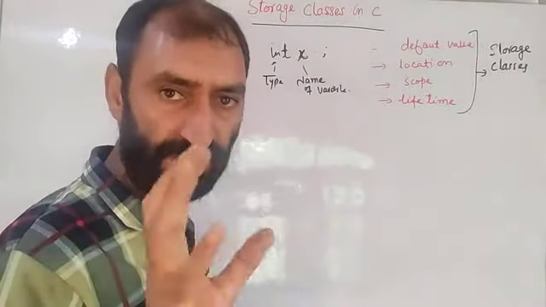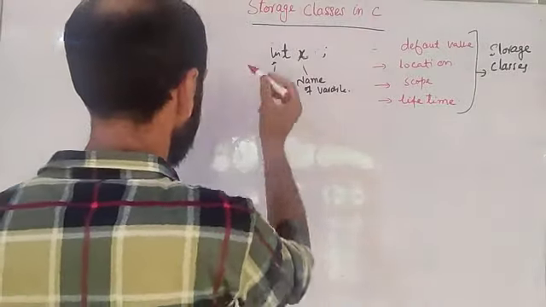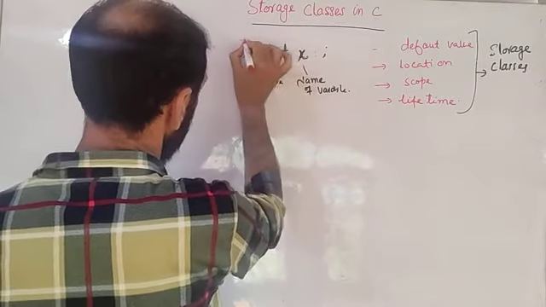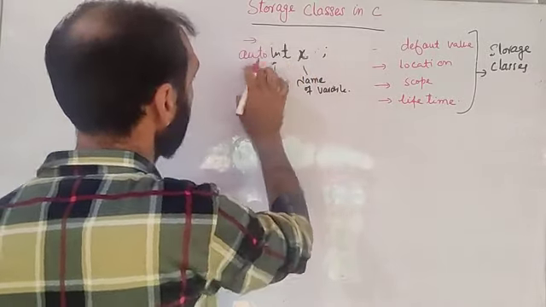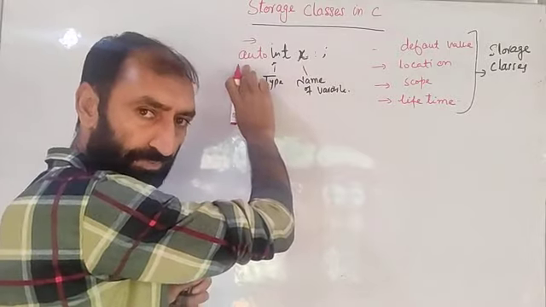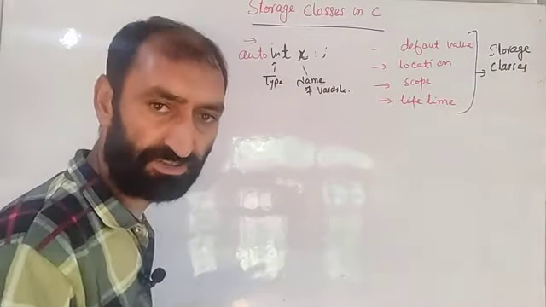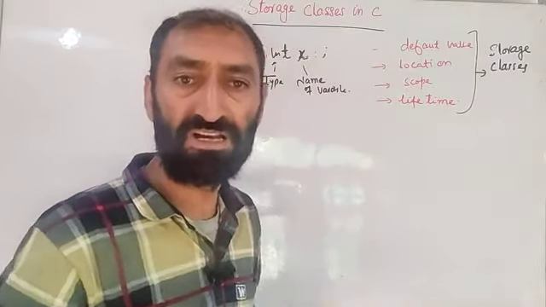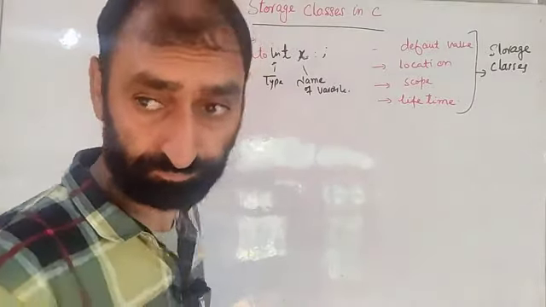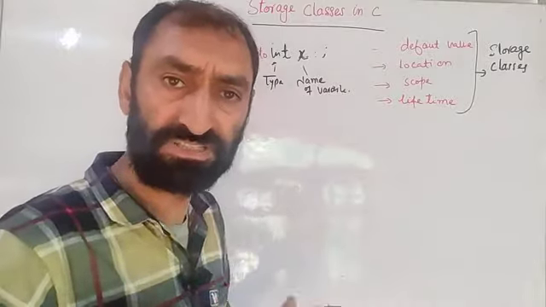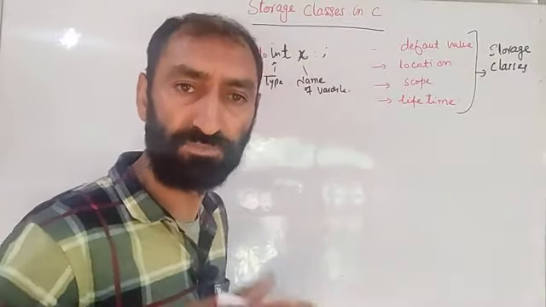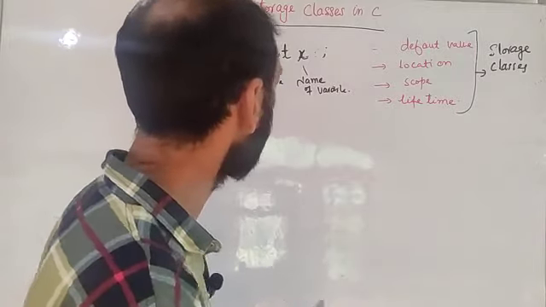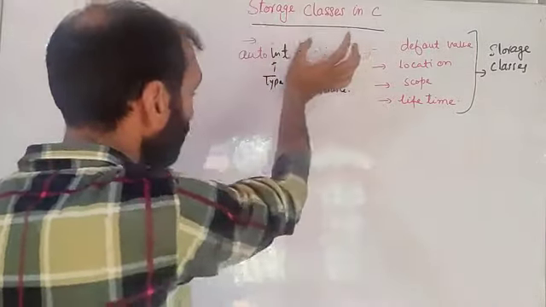By default the storage class is auto, and here I can write auto. We have to specify the storage class before the data type. And these 4 storage classes, auto, external, register, and static, will be discussed in coming videos one by one. So today we know what storage classes are.